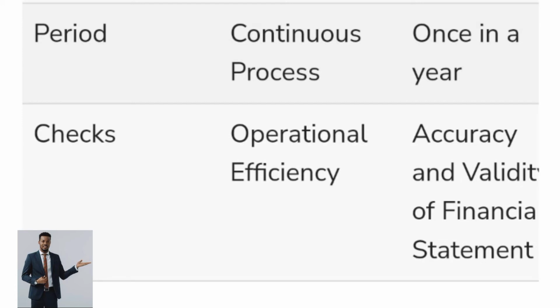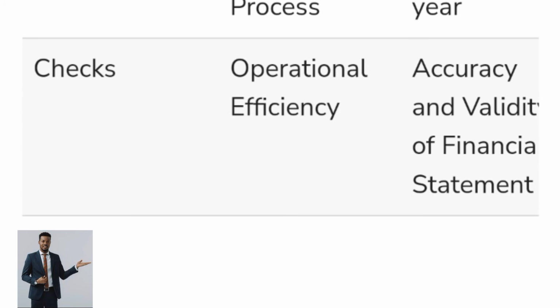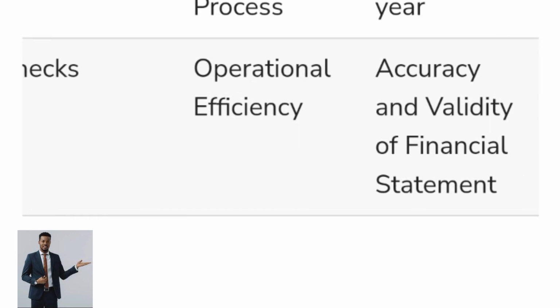And finally, checks: internal audit checks the operational efficiency of the system and internal controls, and looks at risk management and the effectiveness of internal control, and adds value to improve the organization's operations. Whereas external auditors check the accuracy and validity of the financial statements.